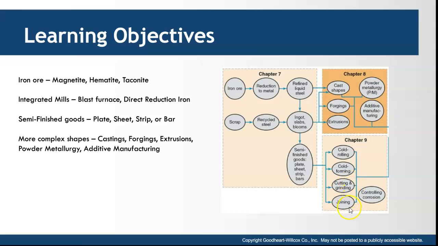We'll talk about cutting and grinding, different joining methods. We'll talk about fabrication, all of the actual processes that we do, whether we're in the welding shop or in the fabrication shop on the machine side, and the machining that goes on with this. So that's kind of where we're at now with chapter 9.